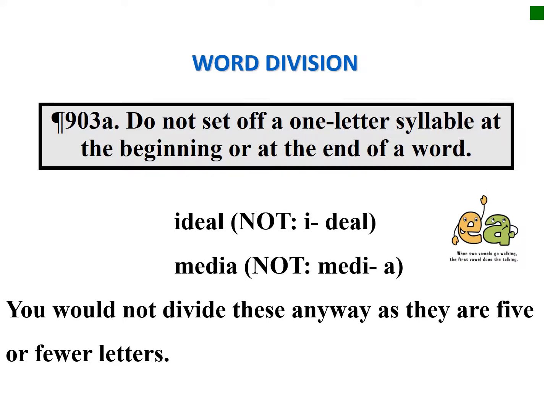And ideal, if you see a paper and you're looking along, you see an I at the end of a line, and then you go to the deal on the next line, it's really hard for readability, so do not separate one syllable at the beginning or at the end of a line. And if you look, 5 letters anyway, you would not want to divide that anyway.